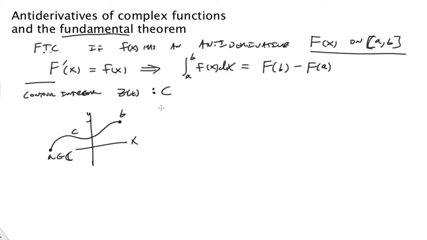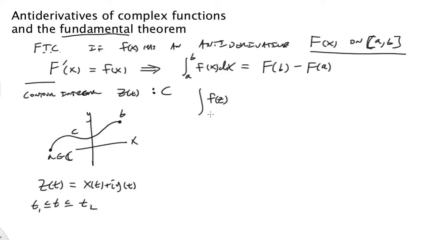When we write this contour integral of f of z, we want to parameterize it so that z of t is equal to some function x of t plus i y of t, where t runs from t1 all the way to t2.